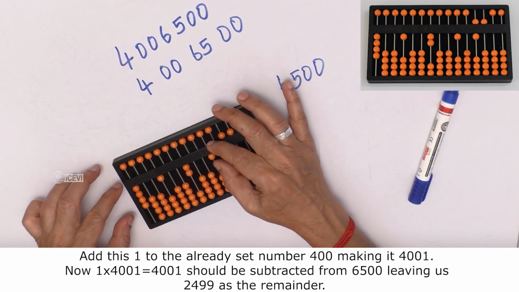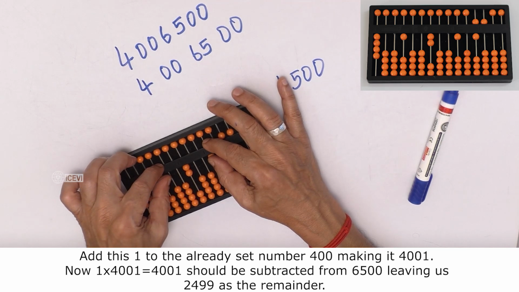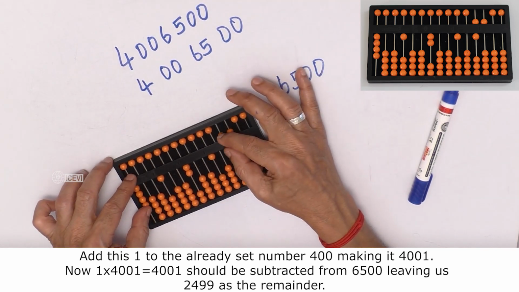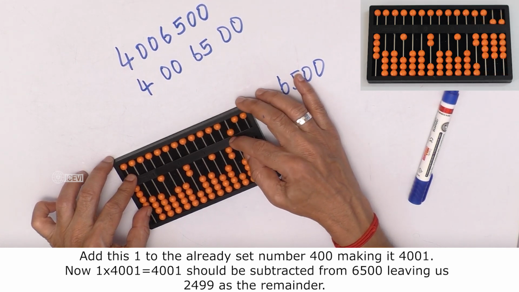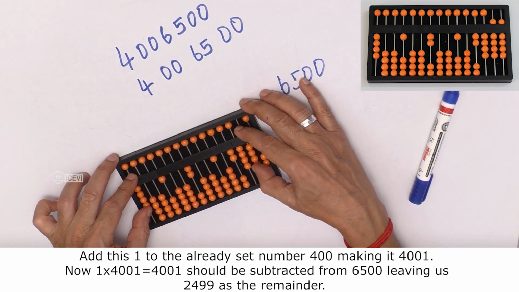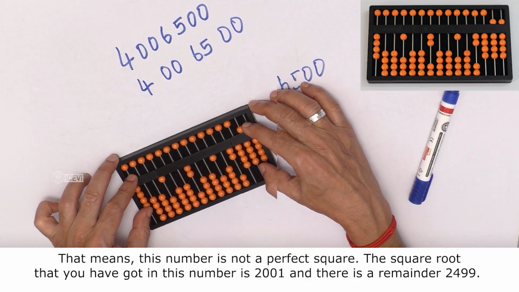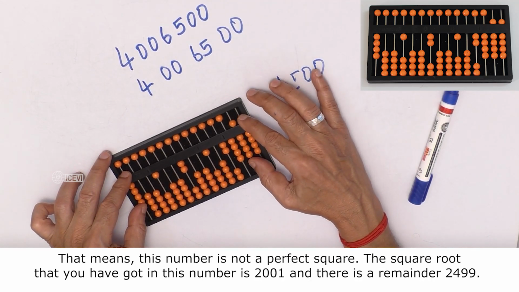Now 1 multiplied by 4001 should be subtracted from 6500 and you will get the remainder as 2499.